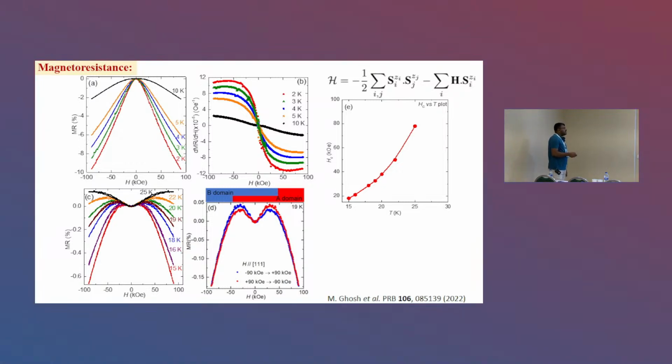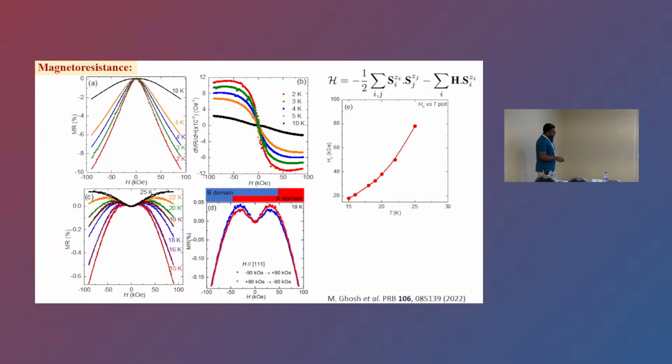First we took the help of this simple model, where H is the Hamiltonian for the spin, Si dot Sj is the antiferromagnetic exchange interaction between the two spins, and this second term is due to field induced Zeeman energy. So at some temperature, this term will have a weak contribution, and the field induced Zeeman energy will have a large contribution.